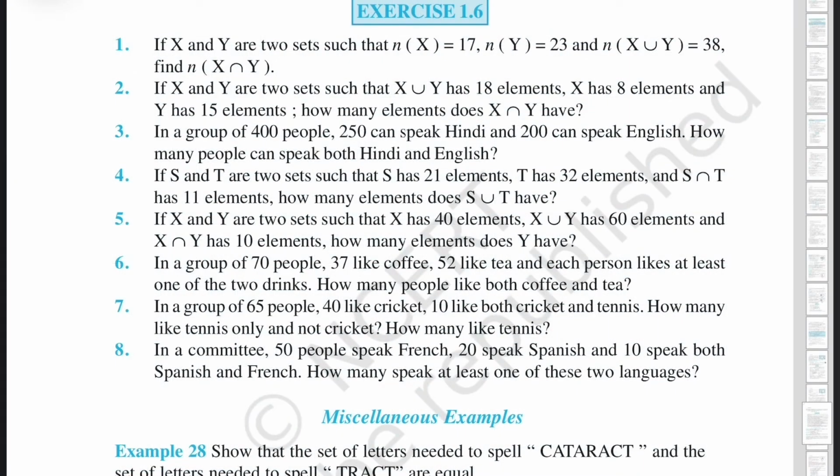So our next question is: in a group of 70 people, 37 like coffee, 52 like tea. Each person likes at least one of the two drinks.